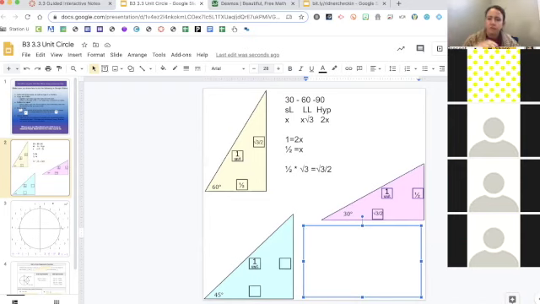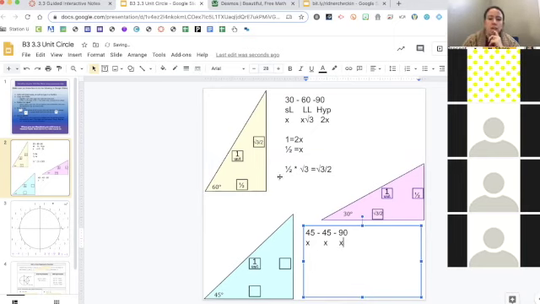Looking at a 45, 45, 90. I'm trying to take a little pause because I know that some of us are playing catch up. For a 45, 45, 90, the two sides have to be the same. If the angle across from it is the same, then the length of the side would be the same.